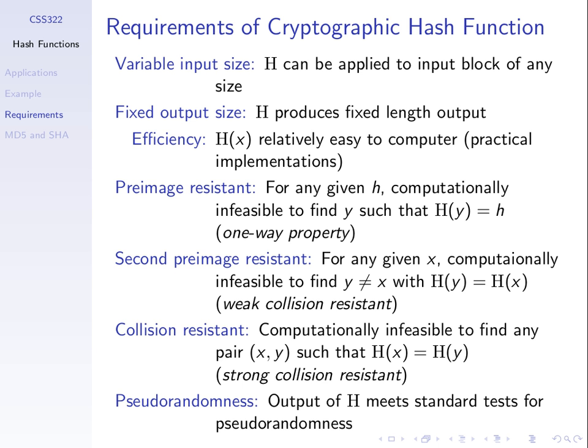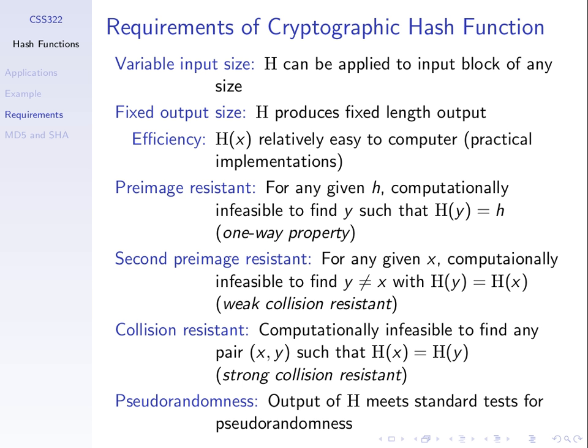Now, what's the difference between the two? Look carefully. The first one, weak collision resistance, I give you some message, x. Your challenge as the attacker is to find some other message with the same hash value. In the second one, strong collision resistance, you get to choose any two messages, x and y, and find any two messages with the same hash value.